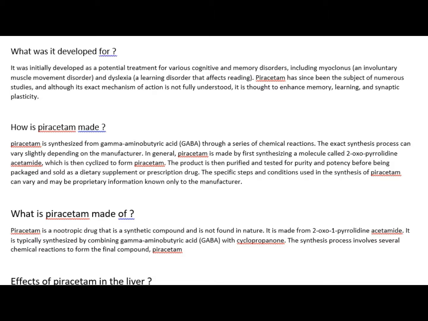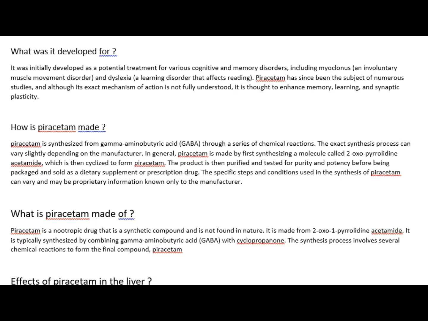How is piracetam made? Piracetam is synthesized from gamma-aminobutyric acid, GABA, through a series of chemical reactions. The exact synthesis process can vary slightly depending on the manufacturer.